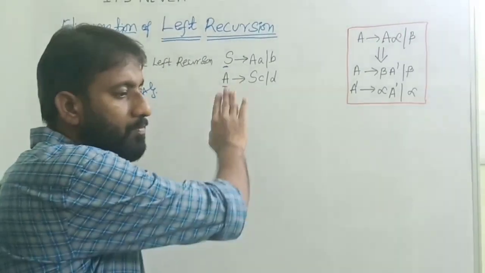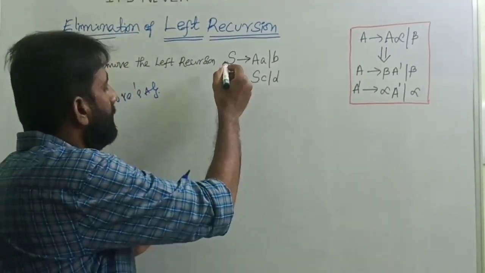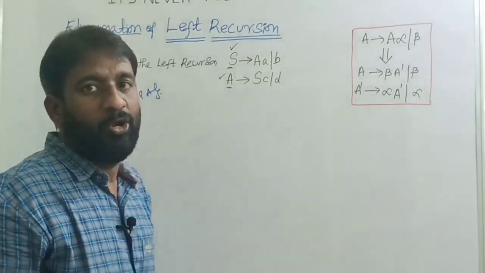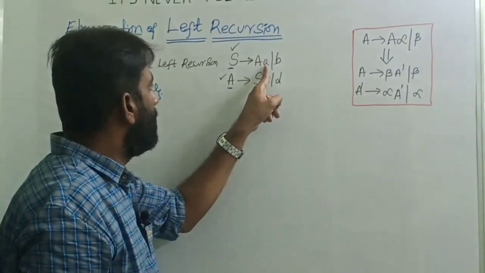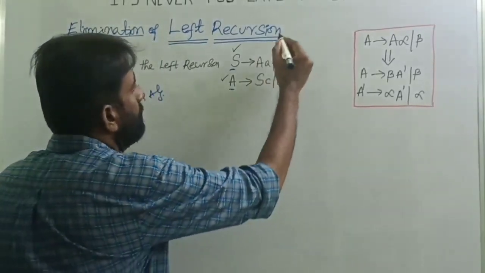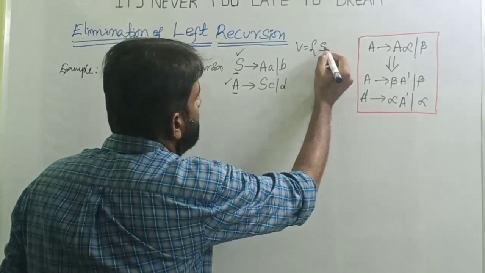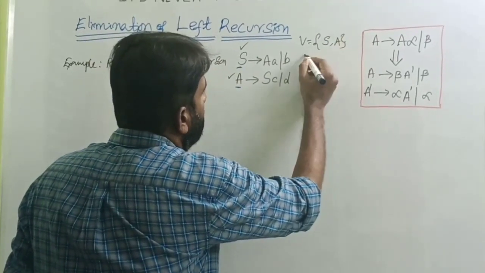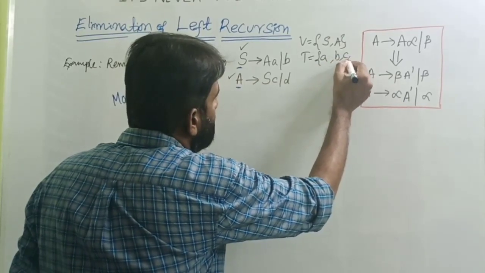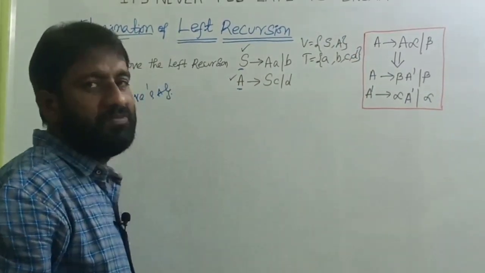First, you identify what the variables in this grammar are. The variables are S and capital A. What are the terminals in the grammar? Small a, small b, small c, small d. Let me write it down: V equals capital S, capital A. Then T equals small a, small b, small c, small d. Now you rename these variables.